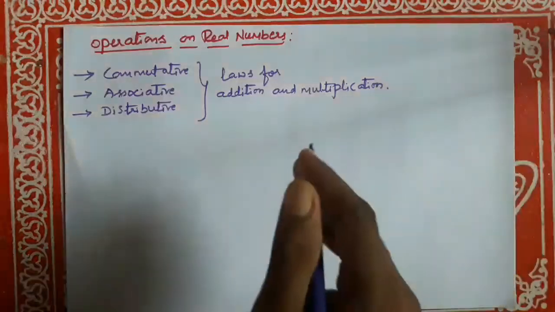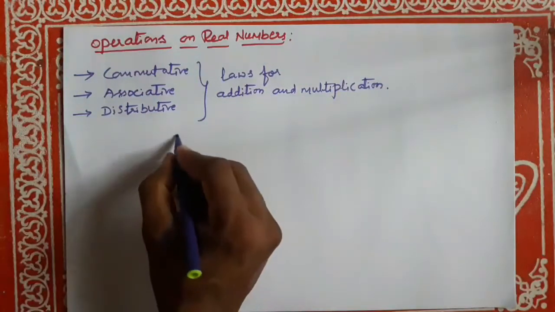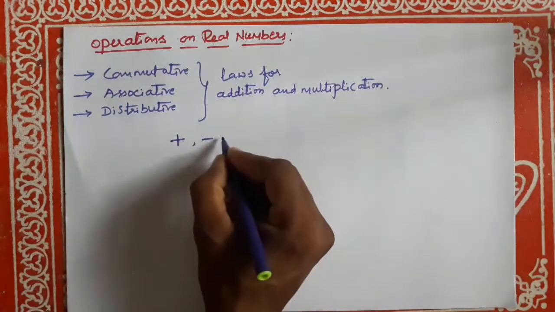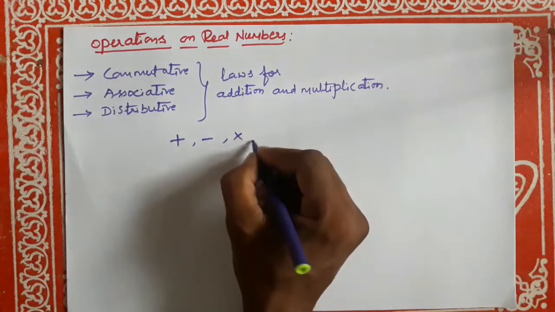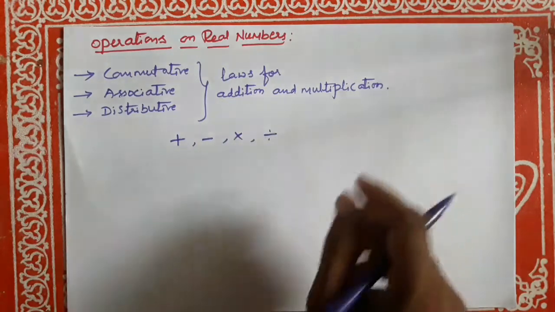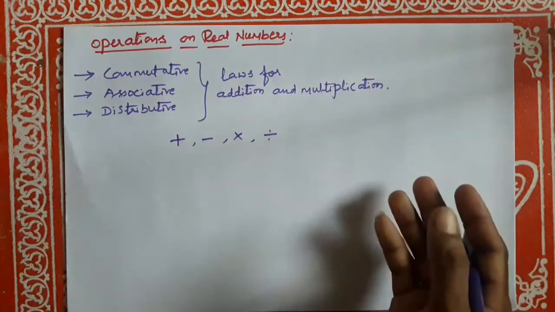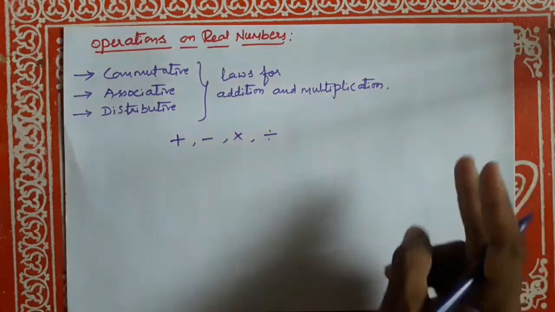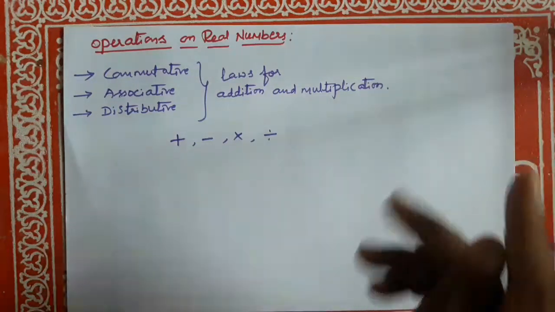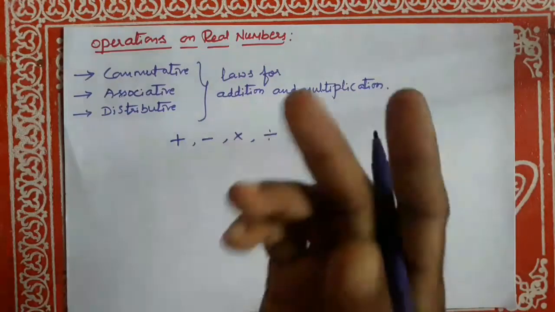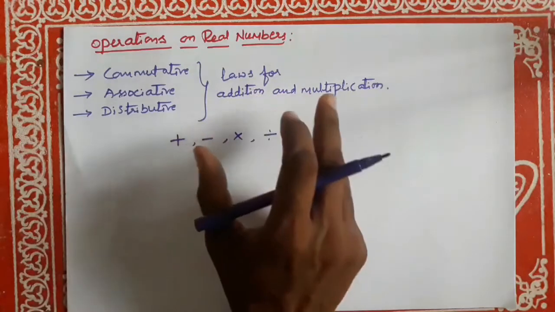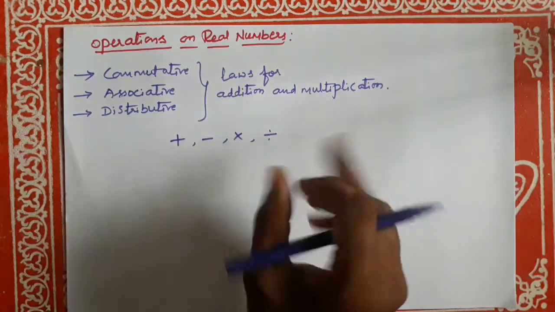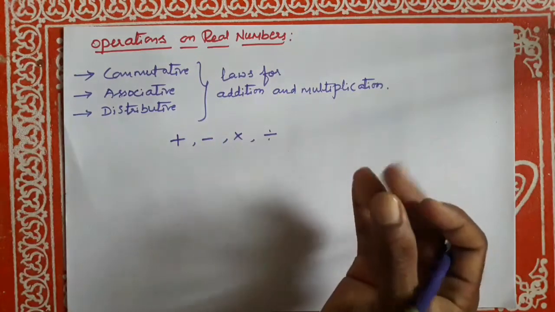Moreover, if we add, subtract, multiply or divide (except by 0) two rational numbers, we still get a rational number. That is, rational numbers are closed with respect to addition, subtraction, multiplication and division.